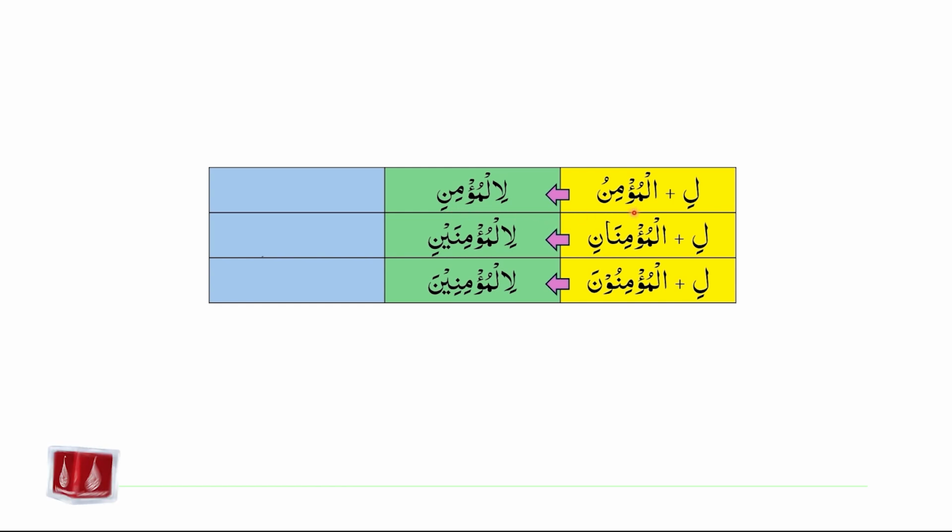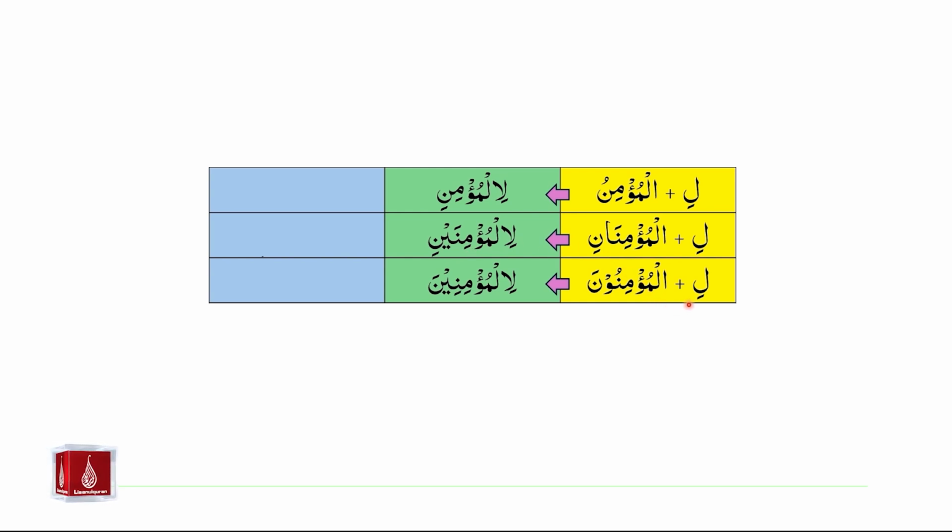So the marfu ism is being converted into Majrur ism because of the presence of Laam harf jar at the beginning of the Murakkab Jari. Similarly, Al-Mu'minani is being converted into Al-Mu'minaini. Ani, Aini. We studied that Ani ending sound indicates Rafa status and Aini ending sound will indicate Nasab or Jar status.